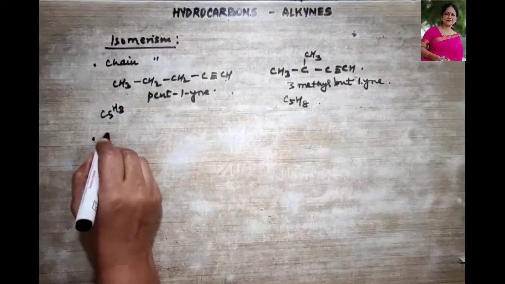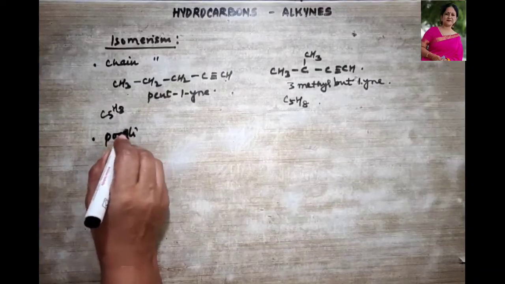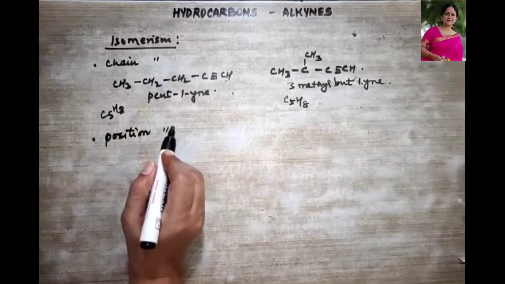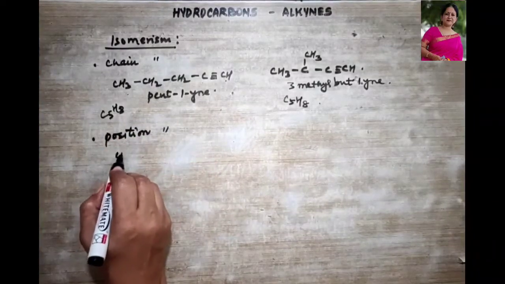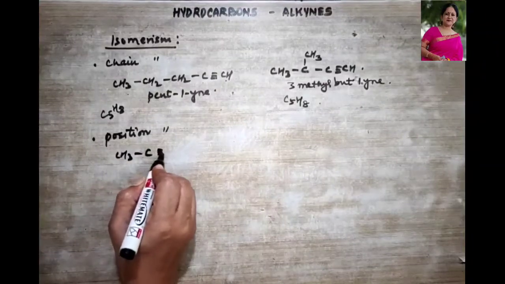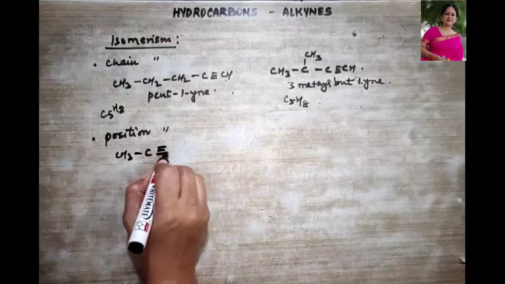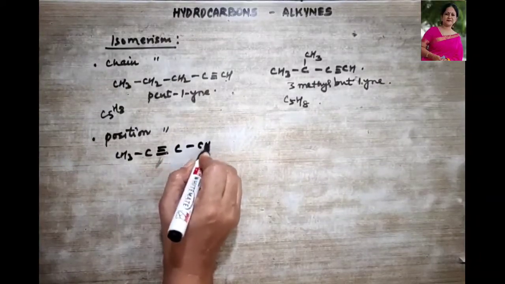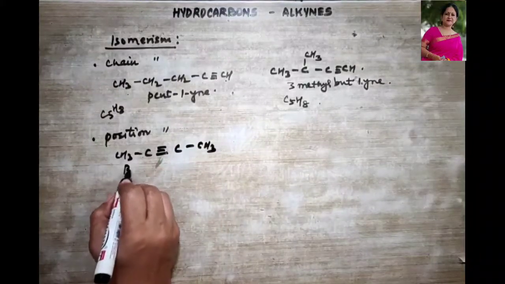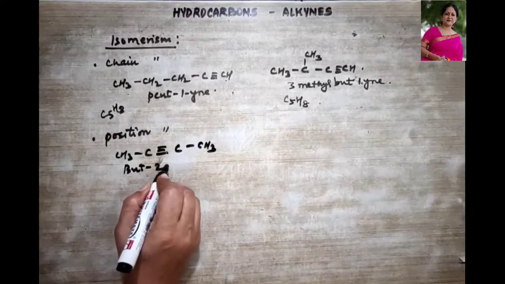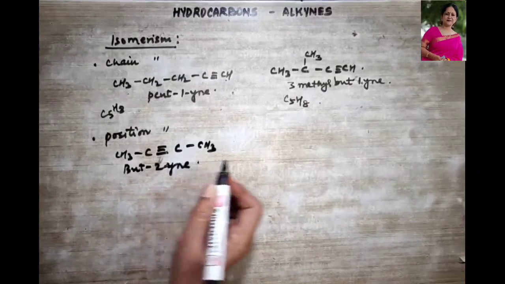Now let us see position isomerism also. For example, CH3 C triple bond C CH3. So this is but-2-yne, clear?